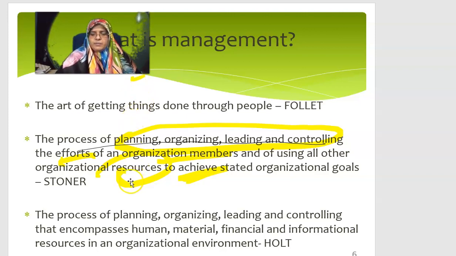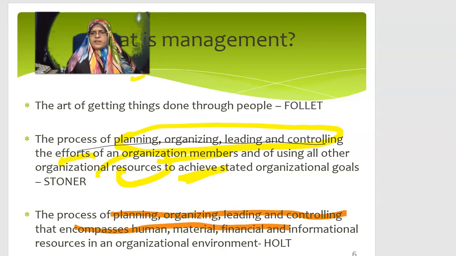Okay, and the last one will be the process. Still the same thing. Okay, you can see that the keywords are similarly the same but in different sentences. Okay, planning, organizing, leading, and controlling encompasses human, material, financial, and informational resources.